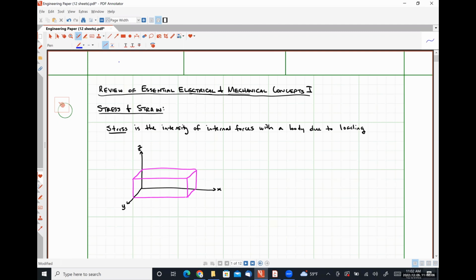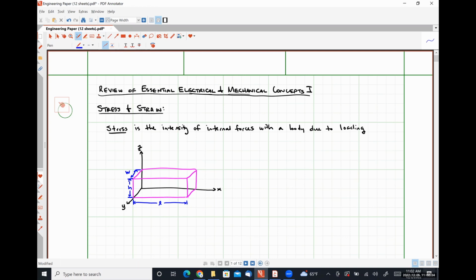Let's give it some dimensions. It has a particular length, its dimension in the x direction. It has a particular height, its dimension in the z direction. And it has a particular width, which is its dimension in the y direction.